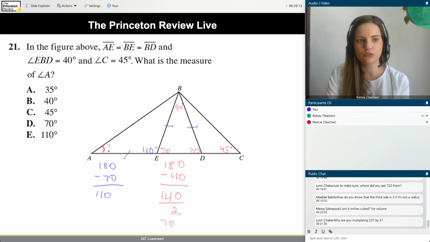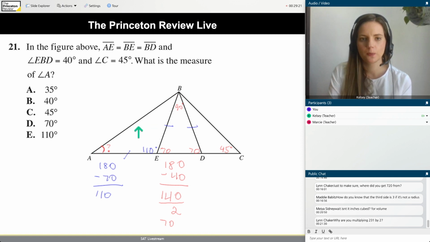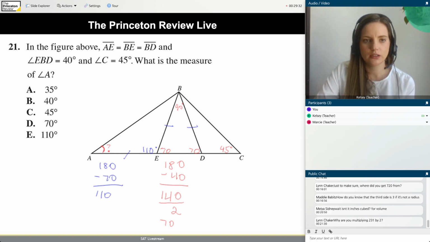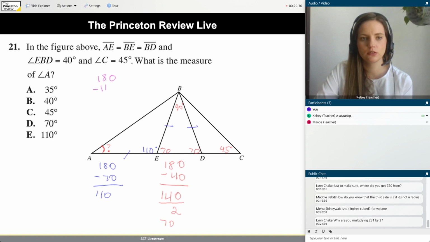But we notice that we've also got the same situation going on in here, right? We see that these two sides are equal, which means that these two angles are equal. And again, knowing that they all have to add up to 180, we can do that same math all over again, just following the same procedure here. So 180, we want to subtract out that big angle, and that's going to give us 70.